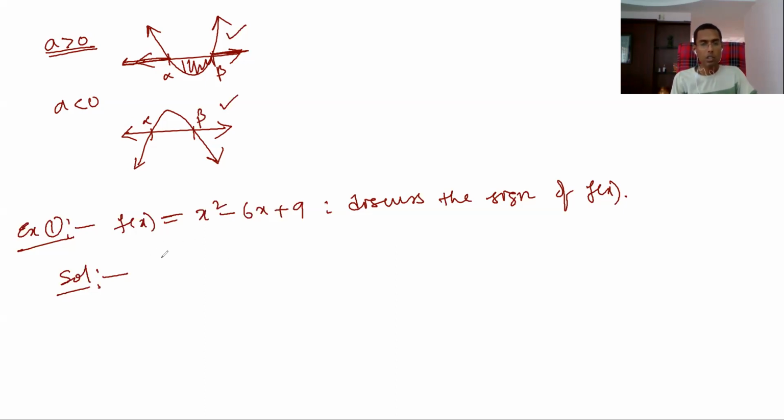Now here I need to find delta, although by seeing only you can understand. But through the concept we discussed, we will work this out. So here delta is b square minus 4ac.